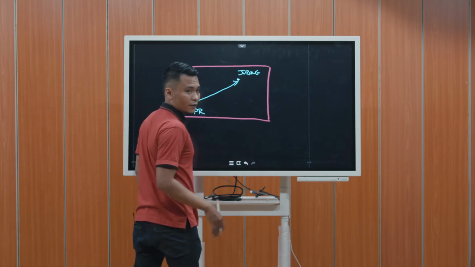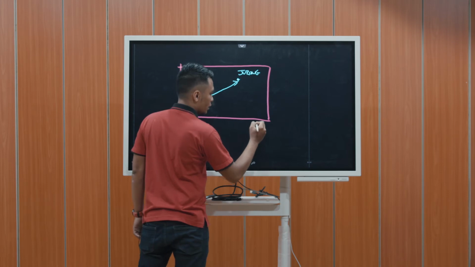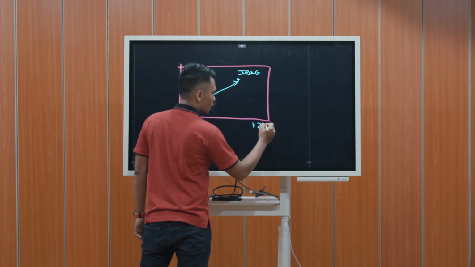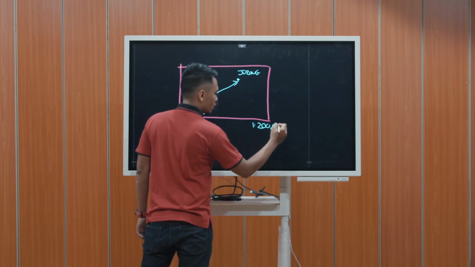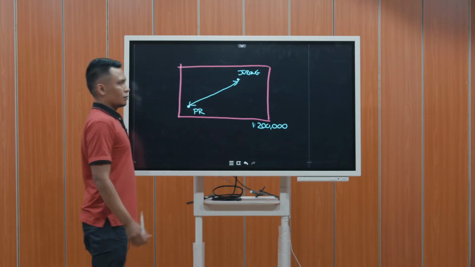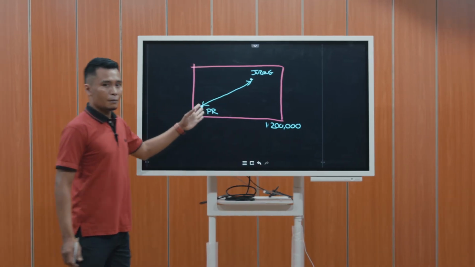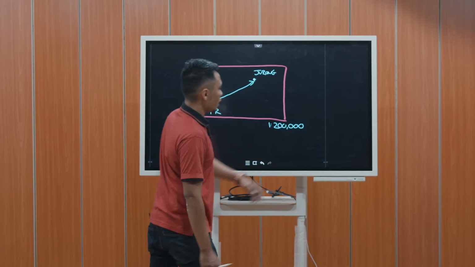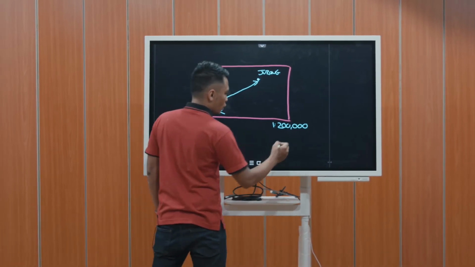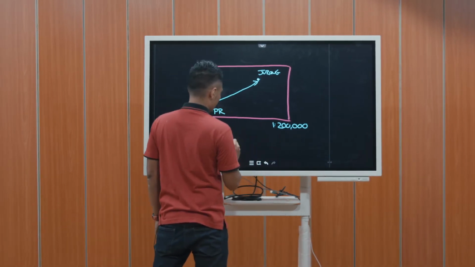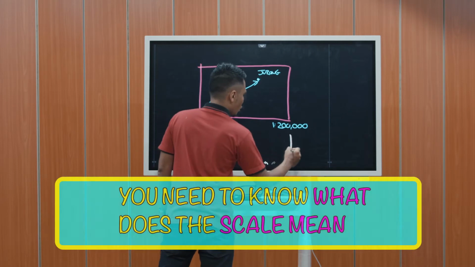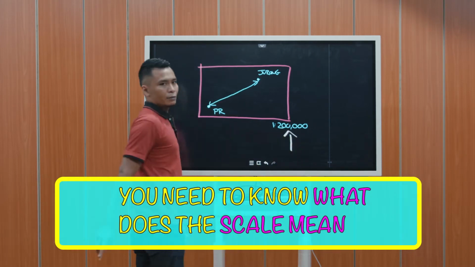A rough idea of a scale will be 1 is to 200,000. Okay, let's say this is a map. So what you need to know is what does the scale mean?